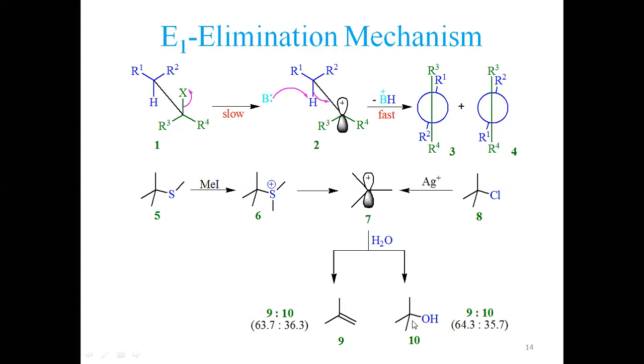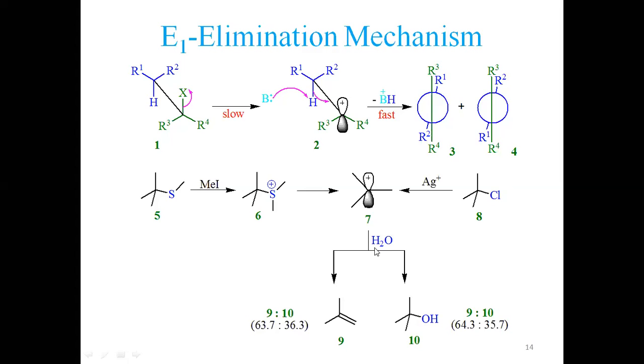This is the substitution product. This is the elimination product. This is product number 9. This is product number 10. If it is synthesized by this route, it produces 63% product 9, the elimination product, and 36% product 10, the substitution product.